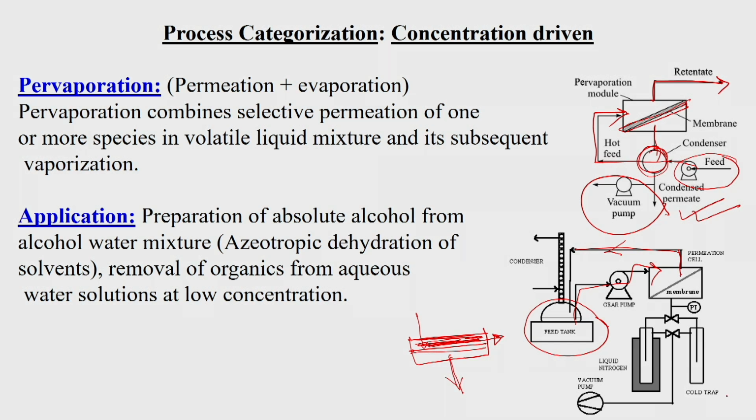And here you see the vacuum pump is there, and a cold trap also is there. Whenever it is connected in this direction, the components with high volatility, or low boiling materials, will come through this and be collected in the cold trap. Okay.